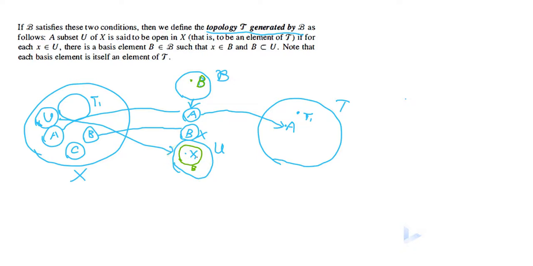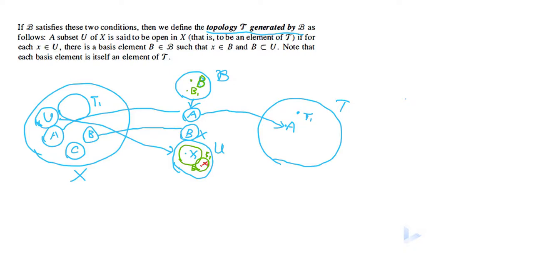So for any element inside this U, for example, there is another point called x1, we can find another basis element B1. It contains x1, and B1 is inside this U, like this. Then for any point inside this U, we can do this.